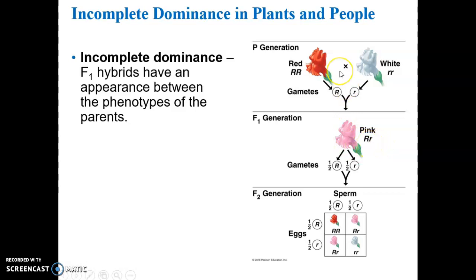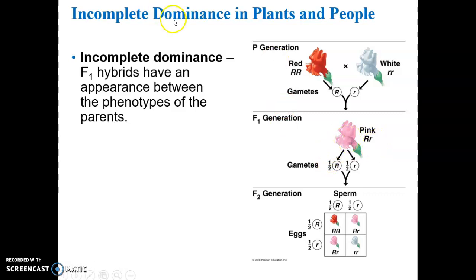So this is similar to what we first saw with Mendel's peas, where maybe you had a yellow pea crossed with a green pea, okay? And then the offspring was the dominant color, right? Not in between. But with incomplete dominance, you get an in-between phenotype.